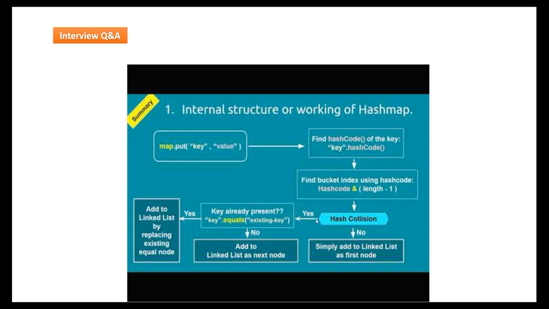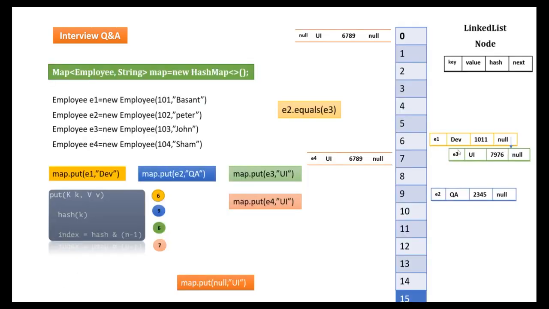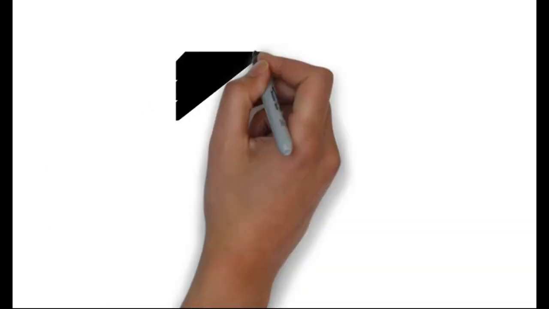If there is a hashing collision, then go and check equals with the existing key. If both are the same, just replace or override. If both are different, then add it. That's what we understand, right? This is where we have the hashing collision between E1 and E3, and it checks E1.equals(E3). So this diagram makes sense, right?